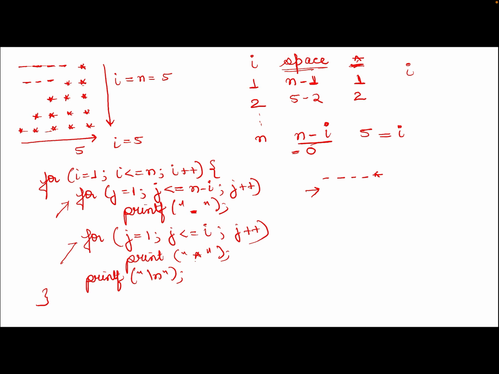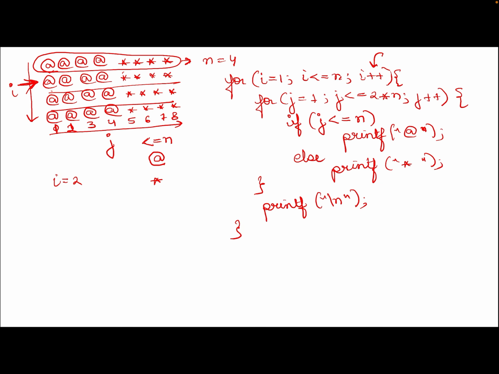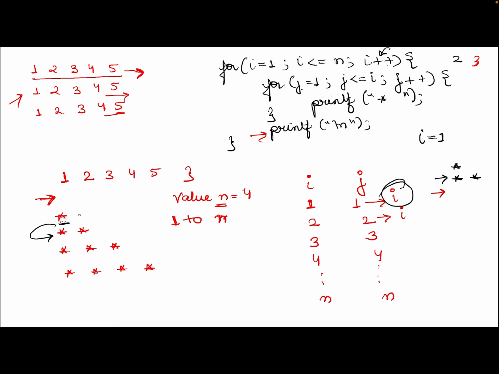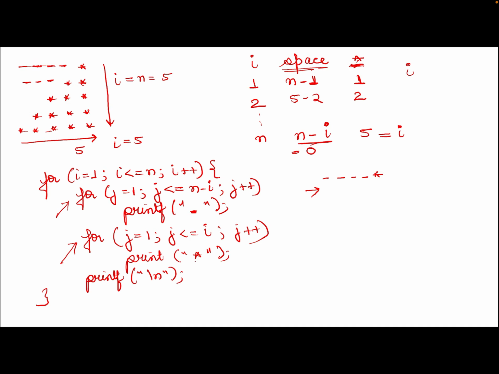Now for the same thing, instead of using 2 for loops, we can also do it using the if else, which we have used here. So let's do it using just a single inner for loop. So I take i is 1, i less than or equal to n, and i plus plus.